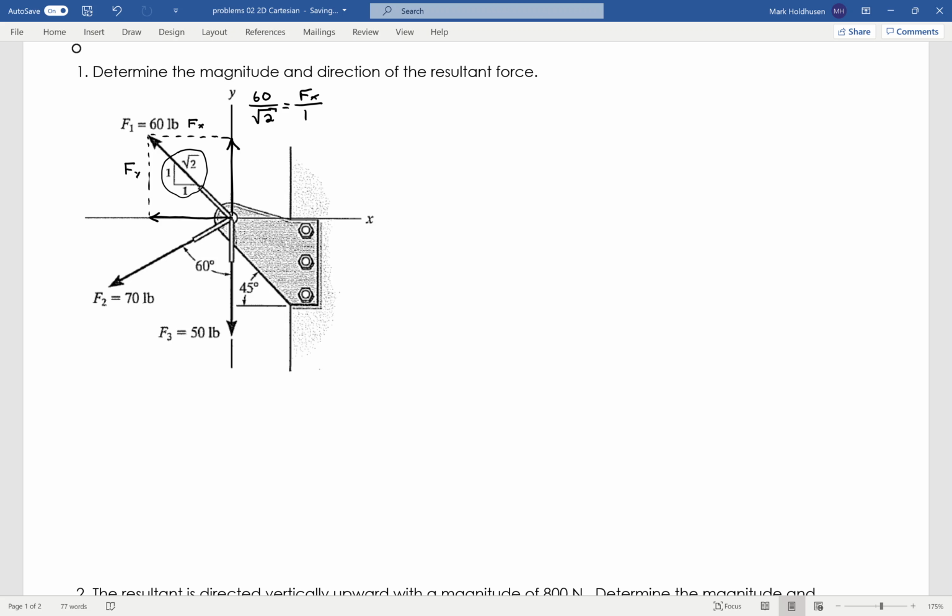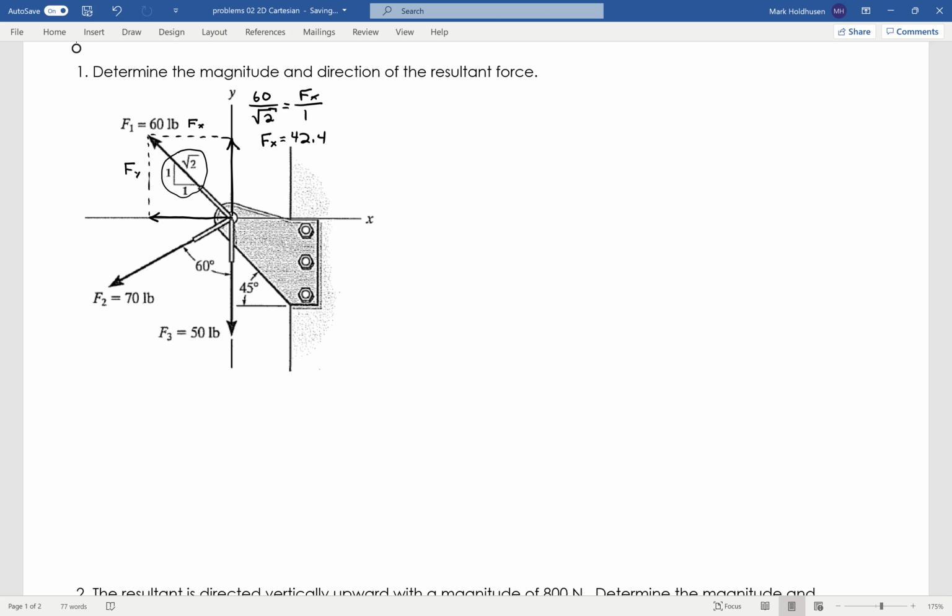So I'm using the hypotenuse of each triangle ratio and then the horizontal component of each triangle. From that, hopefully you've done this before with similar triangles, I can find that Fx is actually 42.4.